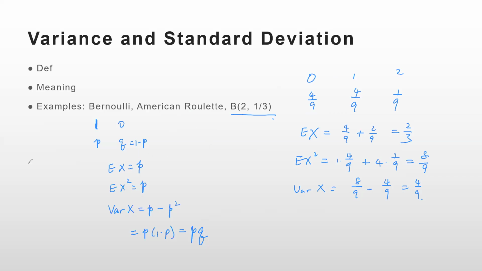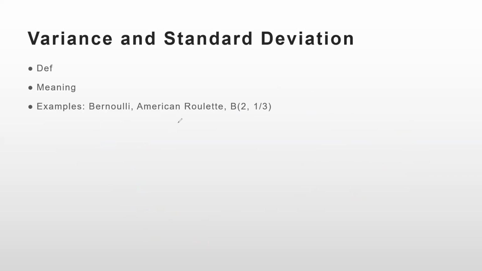American roulette, let's talk about that a little bit. You have $1 and negative $1, with probabilities 18 out of 38 and 20 out of 38. We have mean mu equals negative 2 out of 38.